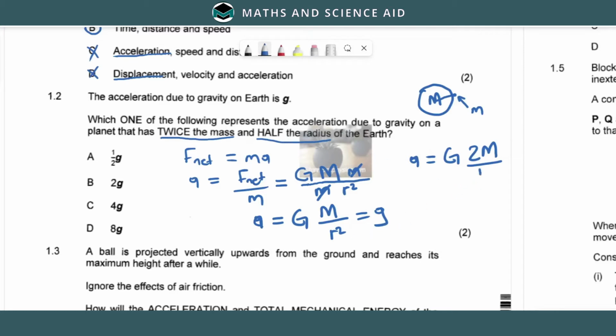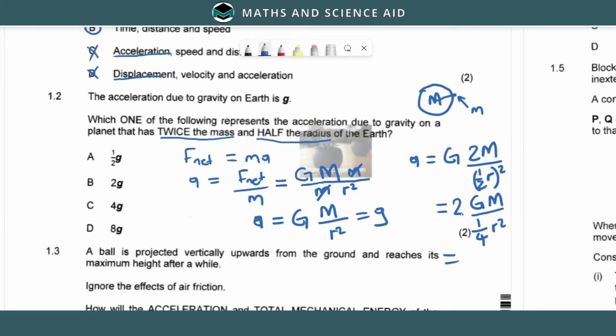So we have 1/2 radius to the power of 2. This will simplify to, we can take these 2 out and then write G and M. And then this here, 1/2 squared, will be 1 divided by 4 r squared.